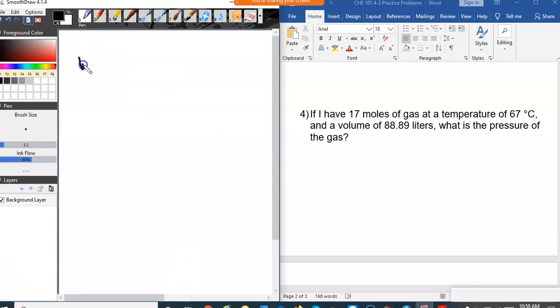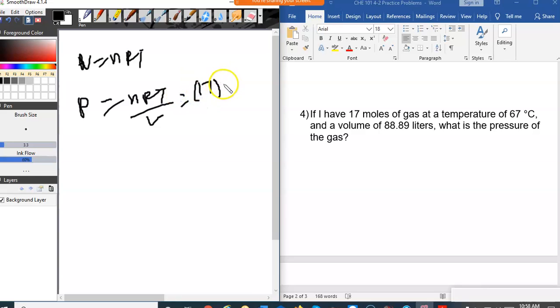All right, this is an ideal gas law problem. PV equals nRT. You just got to make sure everything is in the correct units. You're looking for pressure, so P equals nRT over V. You have moles, so it's easy, 17 times your R. Let me do it down here. I'm going to run out of room here. So 17 times 0.0821 times 273 plus 67, 340.